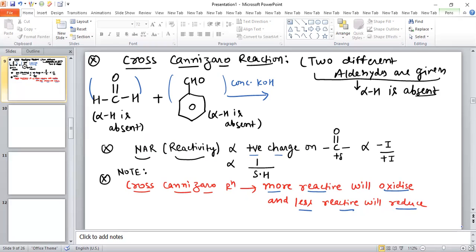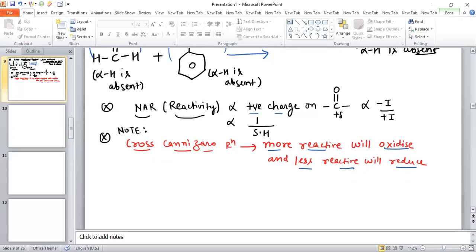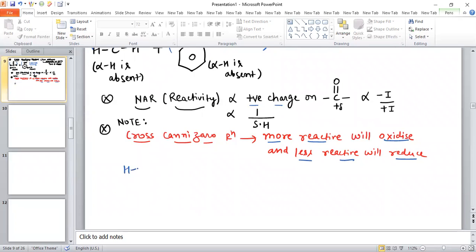So which is more reactive? In formaldehyde and benzaldehyde, you can see HCHO, and this is C6H5, C double bond O, H, which is benzaldehyde. In formaldehyde there is less steric hindrance because two small hydrogens are there, while in benzaldehyde there is one benzene ring which is large.